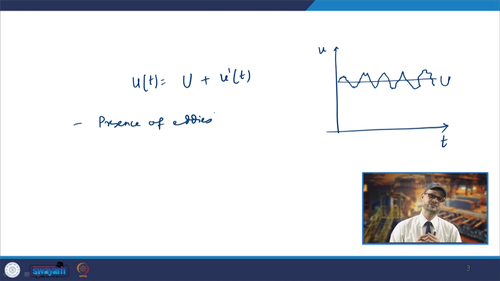Because of these eddies, points that are largely separated in the vessel come in intimate contact, and there is a very high value of diffusive transfer, that is, transfer of mass, heat or momentum, in turbulence. That is the basic trait of turbulent flow.